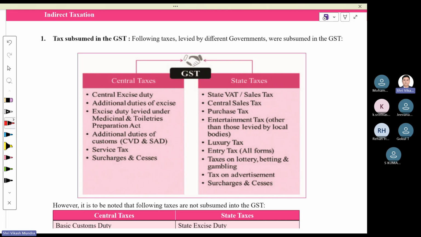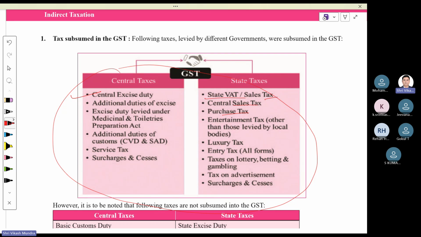For example, earlier the central government was supposed to levy central excise duty. Now they are not supposed to levy this, as GST has replaced it. Similarly, state VAT, sales tax, central sales tax, purchase tax, etc. All of these taxes are subsumed in the GST law. Instead of levying different types of taxation, now we are supposed to pay only a single tax called GST.